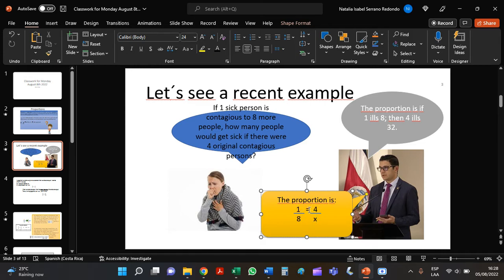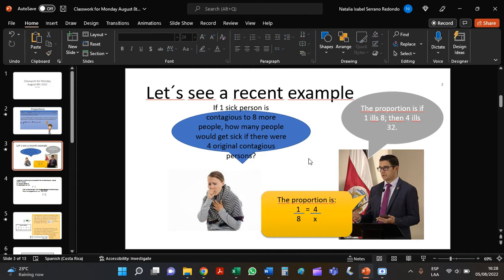Up in the numerators, we have the sick people, and below in the denominators, we have the contagious people as a result. 1:8 as 4:x. So we multiply 8 times 4 divided by 1, and the result of the proportion is 32. Okay, that is the result of the proportion.